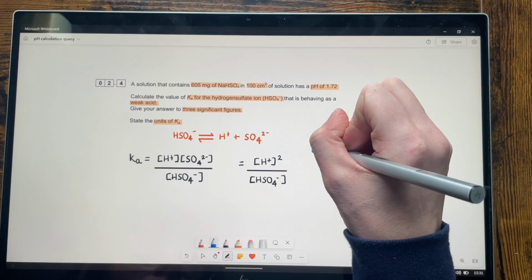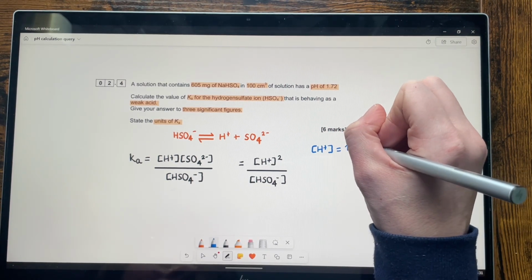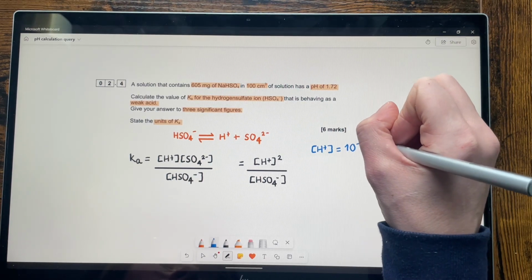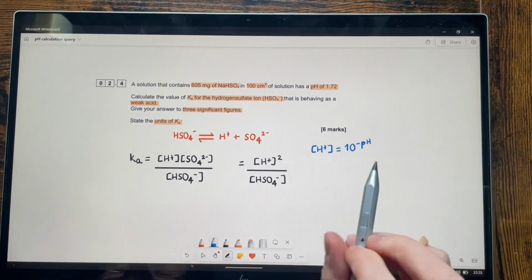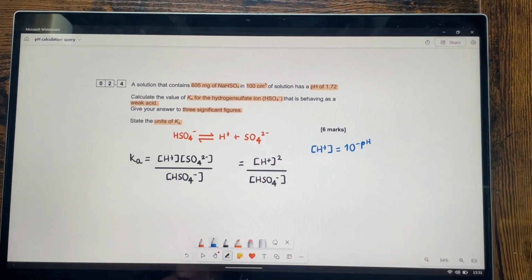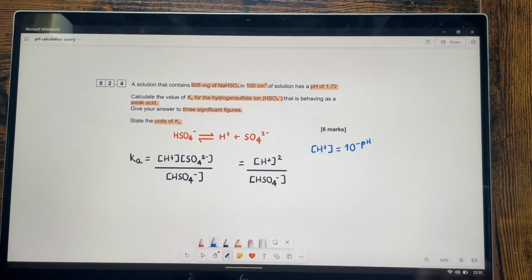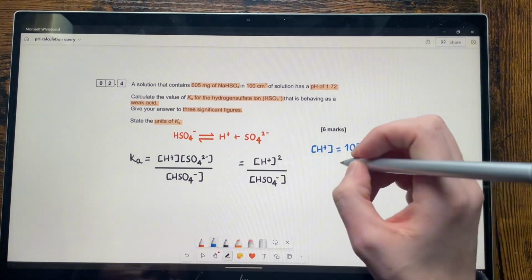So the concentration of H+ can be worked out from pH by doing 10 to the power of minus pH. And on your calculator, that 10 to the power of, then you can put minus whatever the pH is, the same button as the log button that you would use to work out pH from H+. So that's quite handy.